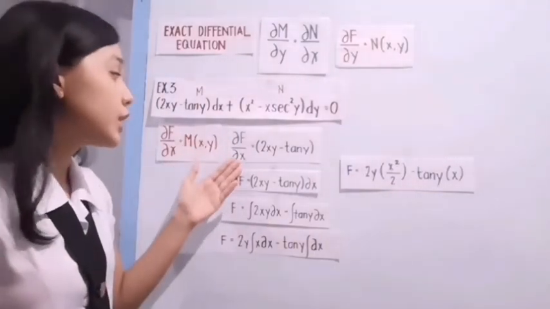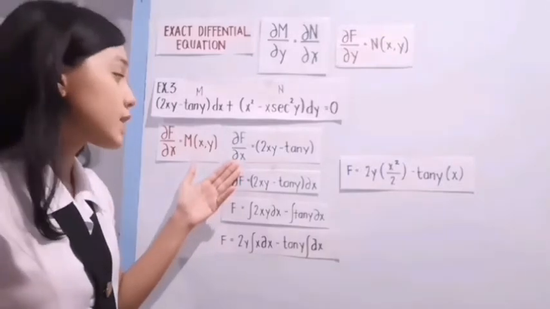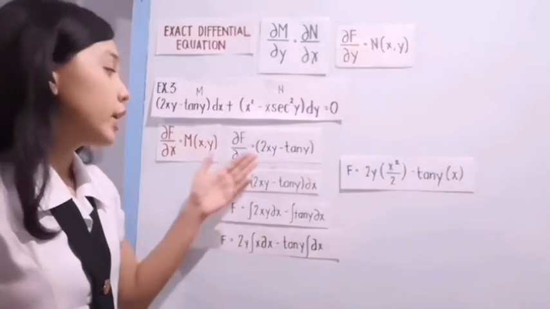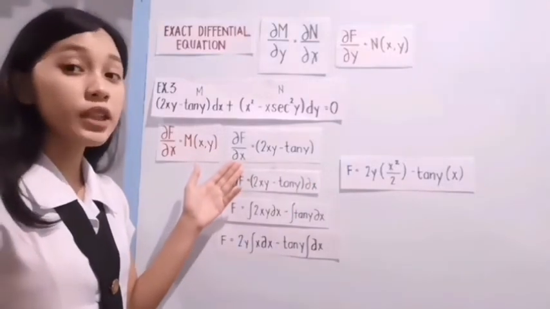So, the partial derivative of f with respect to x is equal to 2xy minus tangent y. We just cross multiply the partial derivative of x. Remember that there is an over 1 here. So, the partial derivative of f is equal to (2xy minus tangent y) partial derivative of x.